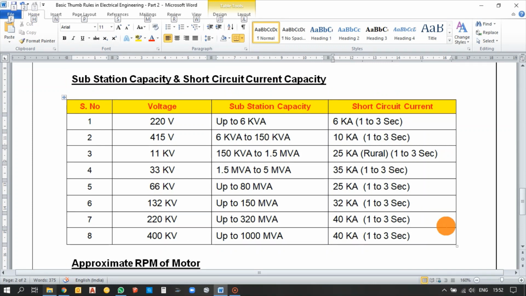This substation capacity and short circuit current will be quite useful when you are going to design a substation. In case you are going to design a 33 kV substation, the fault level will be a maximum of 35 kiloamps. So you should select an apparatus or device which is capable of withstanding that short circuit current. So these are quite important for a design.